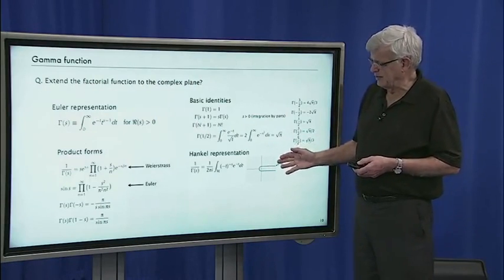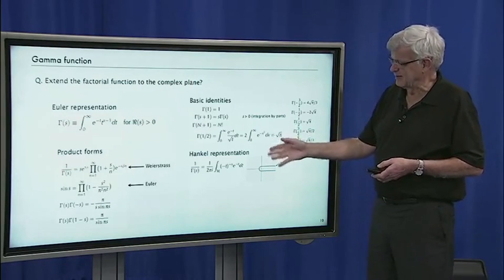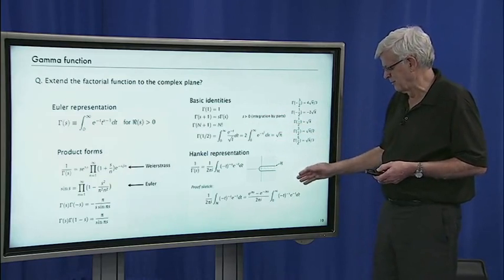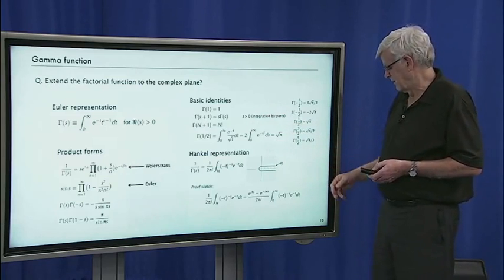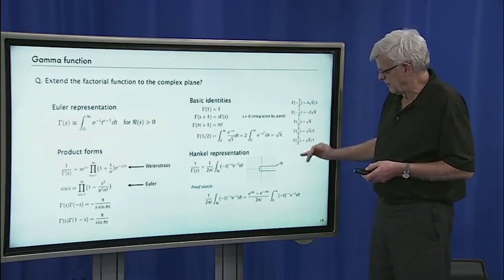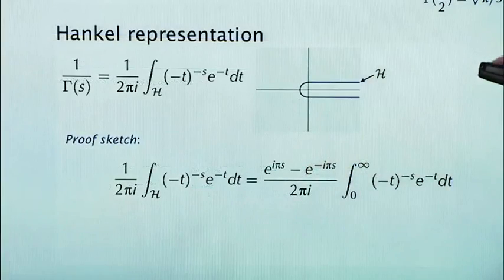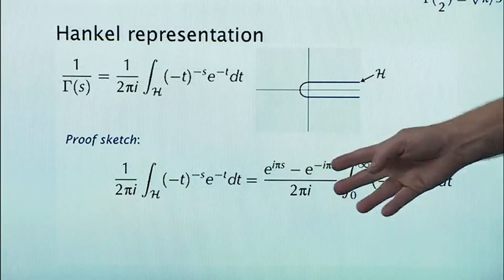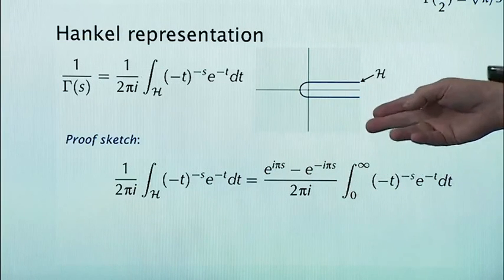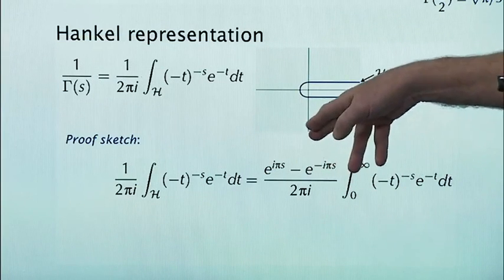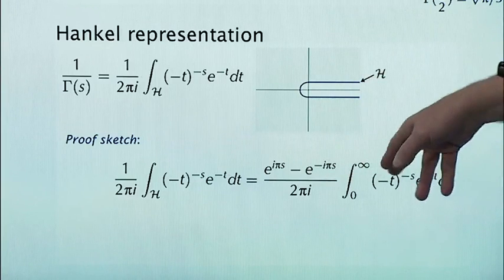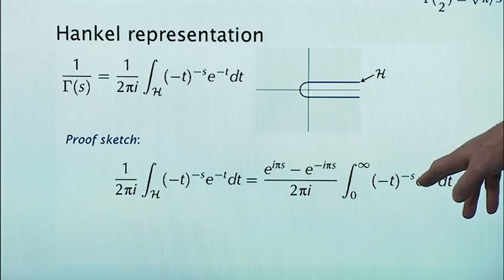And that looks a little strange, but actually, given the product forms, it's not hard to prove because what you can do is just take the two lines and it comes out to be e to the i pi s minus e to the minus i pi s over 2 pi i times that integral.